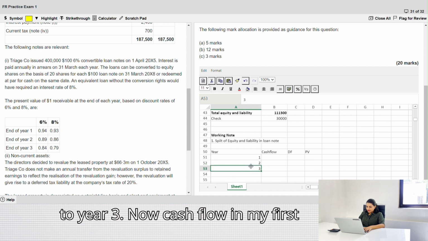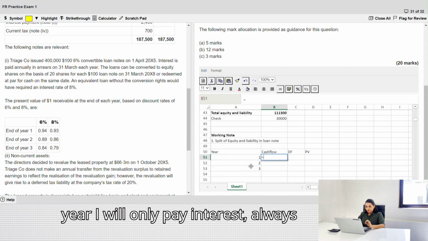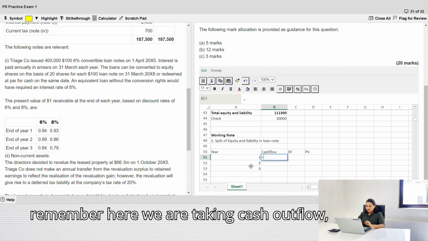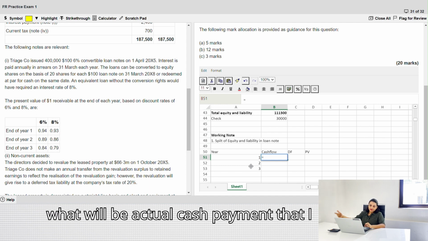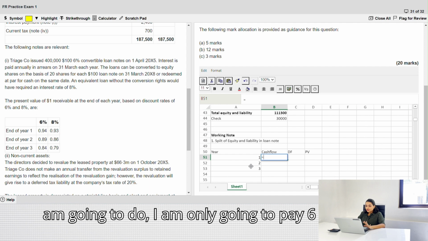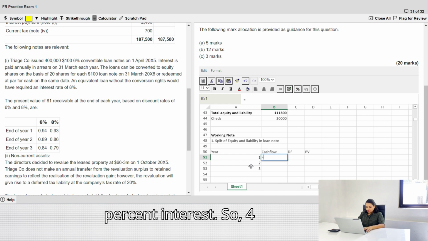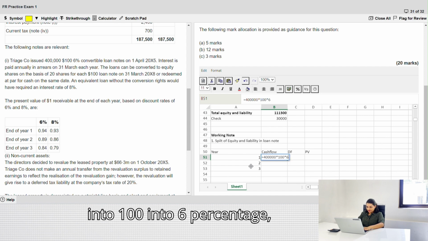Now cash flow: in my first year I will only pay interest. Always remember, here we are taking cash outflow. What will be the actual cash payment that I am going to make? I am only going to pay 6% interest. So 4 lakhs into 100 into 6%.